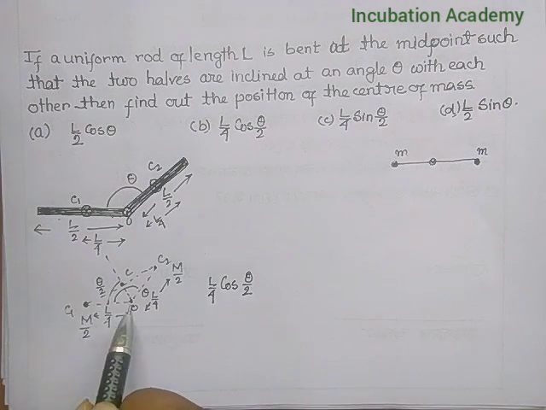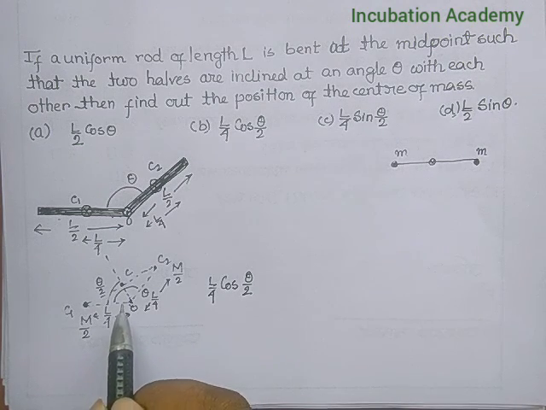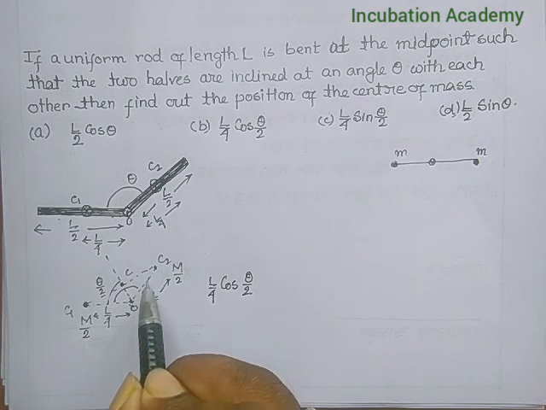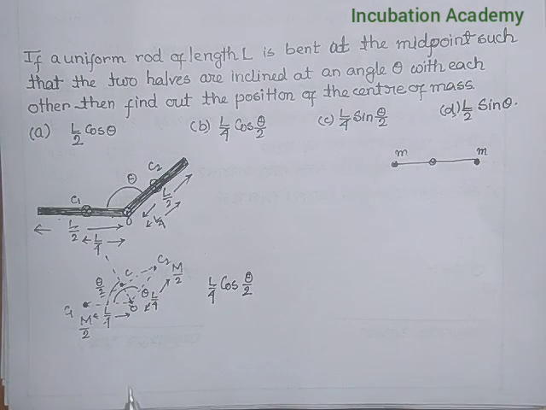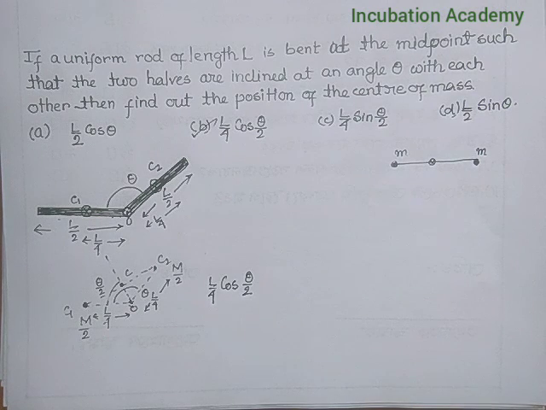Because it is L by 4, its component along OC will be L by 4 cos theta by 2, as well as the component of OC2 along OC will be L by 4 cos theta by 2. So option B is the correct answer.